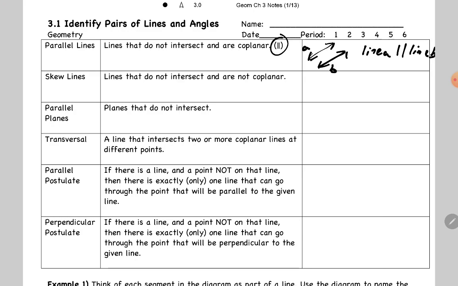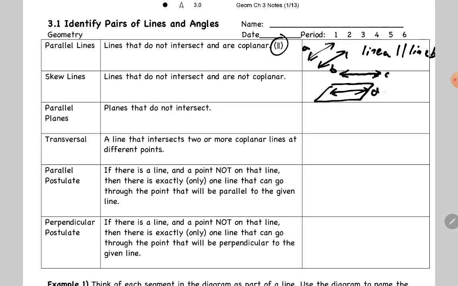Skew lines are lines that do not intersect and are not coplanar. So let's say we have this plane here, and we got a line in the plane, and then over the plane we have another line.